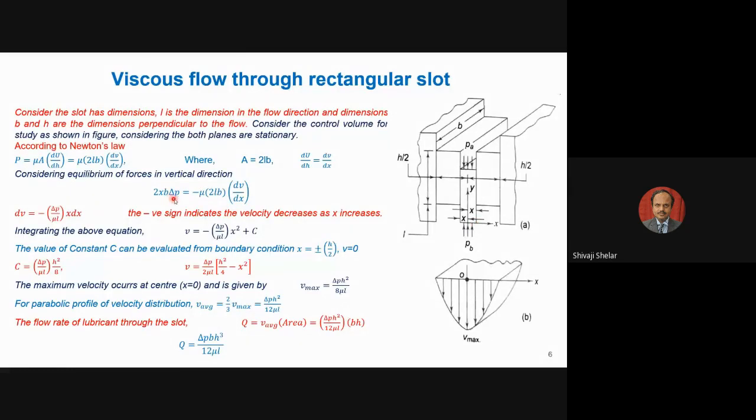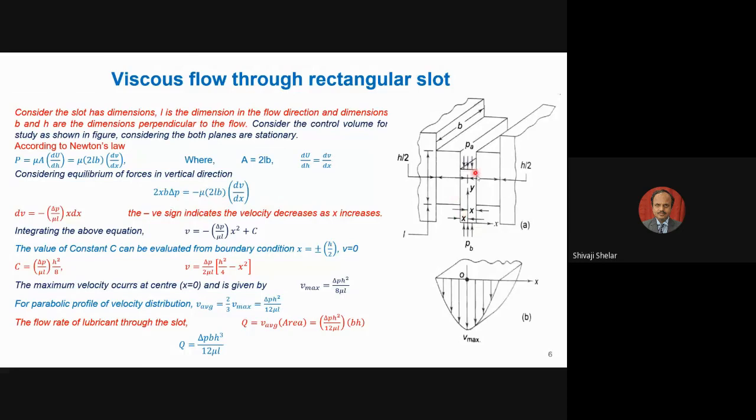So 2xB delta P. This force is acting in the downward direction, which is balanced by the viscosity force acting on this surface and on this surface in exactly the opposite direction. So for that we are using a minus sign here. So minus, the viscosity force, that is the tangential force P, is equal to mu into 2LB into dV by dx, in the opposite direction.